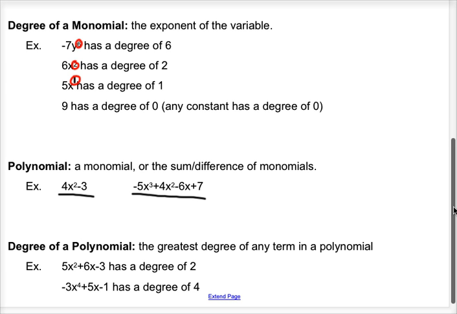Now, in terms of the degree of a polynomial, we already discussed that degree is referencing the exponents. To be the degree of the polynomial itself, we are looking for the largest exponent. So in this case here, the largest exponent in that polynomial is 2. So we say that the polynomial has a degree of 2.